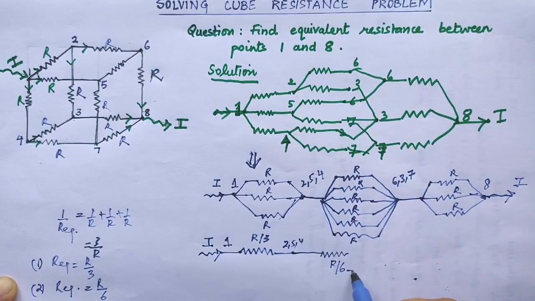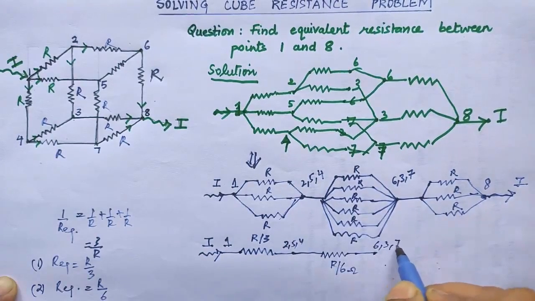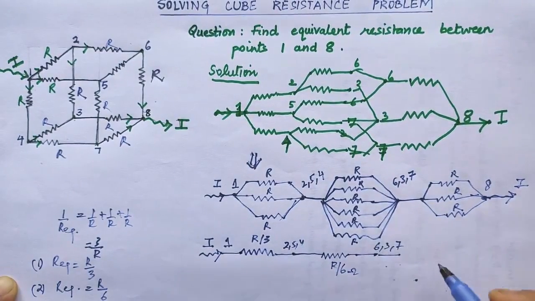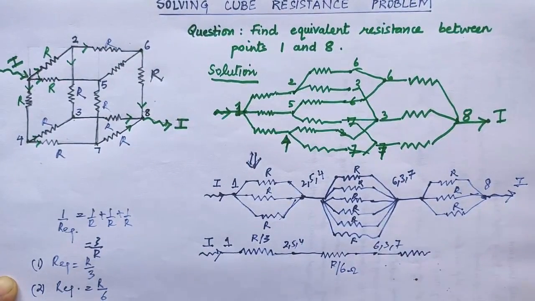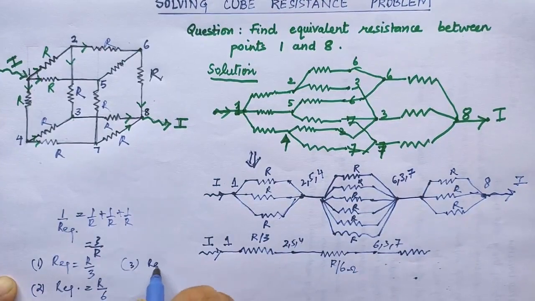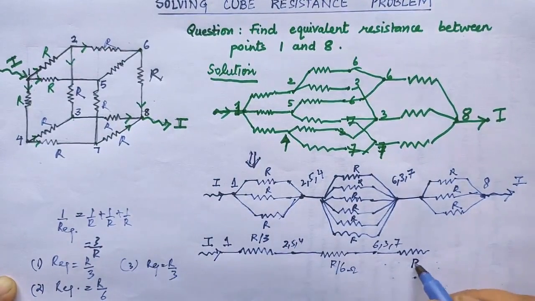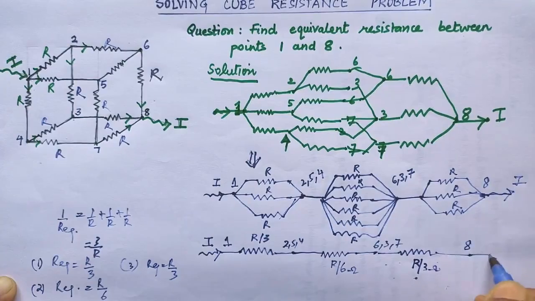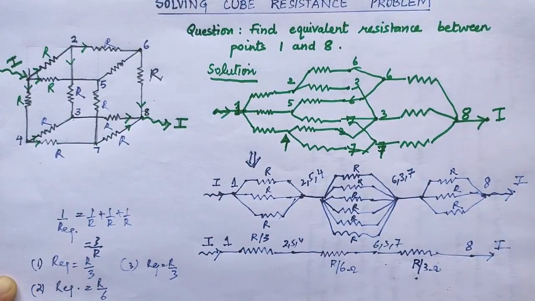This is R by 6 ohms and it reaches the point 6, 3, 7. Then we have 3, so it is R by 3. Finding the third R equivalent, this is R by 3 ohms and the current reaches point 8 and goes out.